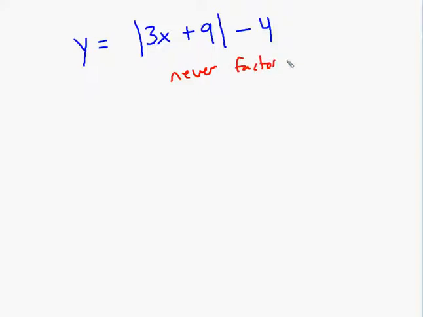Your book does throw you a curve. And they do something like this. And they ask for the transformation. Now, in absolute value, and if I have something squared, I'm not going to be able to do what I'm about to do. But I can never factor out a negative from absolute value.